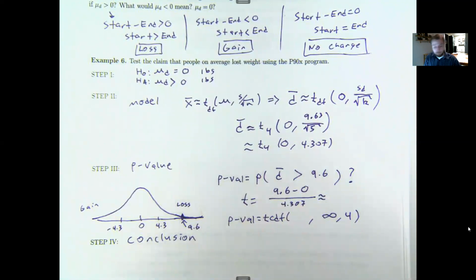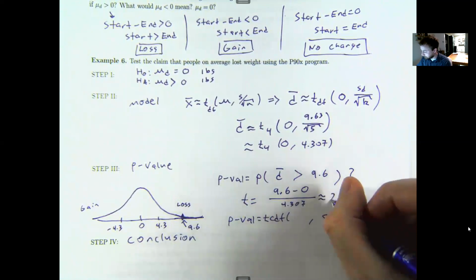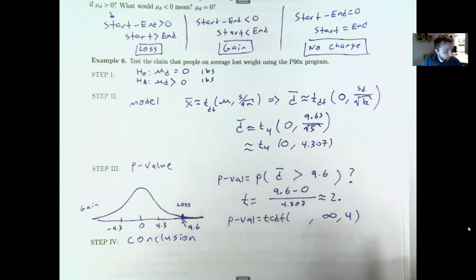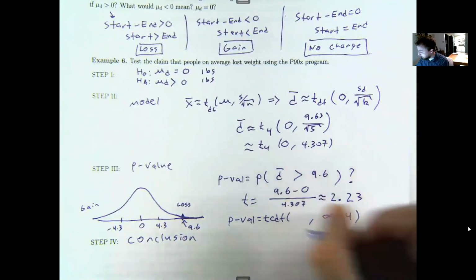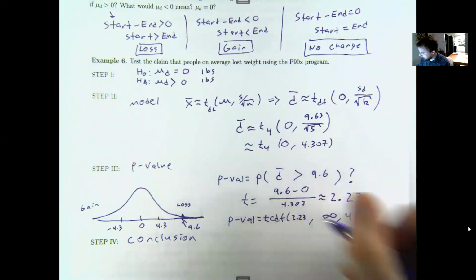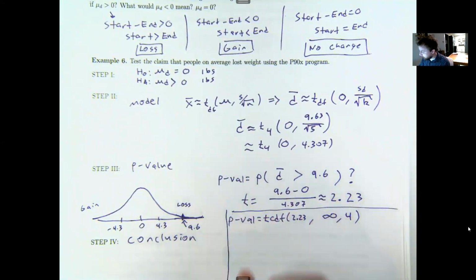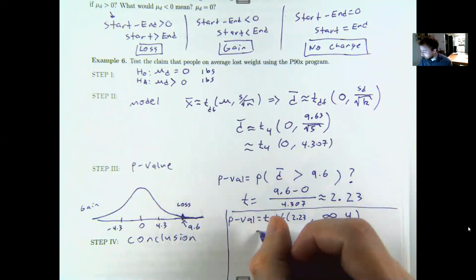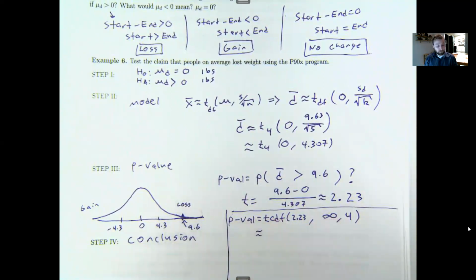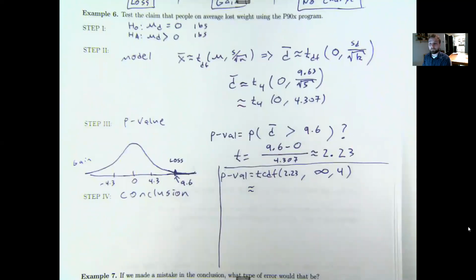When I type this into my calculator, and it looks like it's a little bit more than 2 tick marks away, I get 2.23. In your calculator, go ahead and do tcdf 2.23, comma infinity, comma 4. Pause the video and see what you get, and then see if you could come up with a conclusion. I will give you a second to do so.